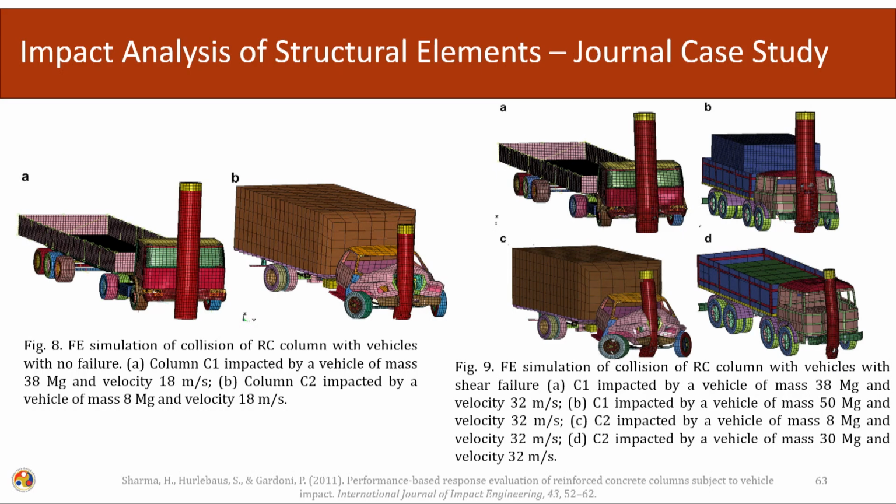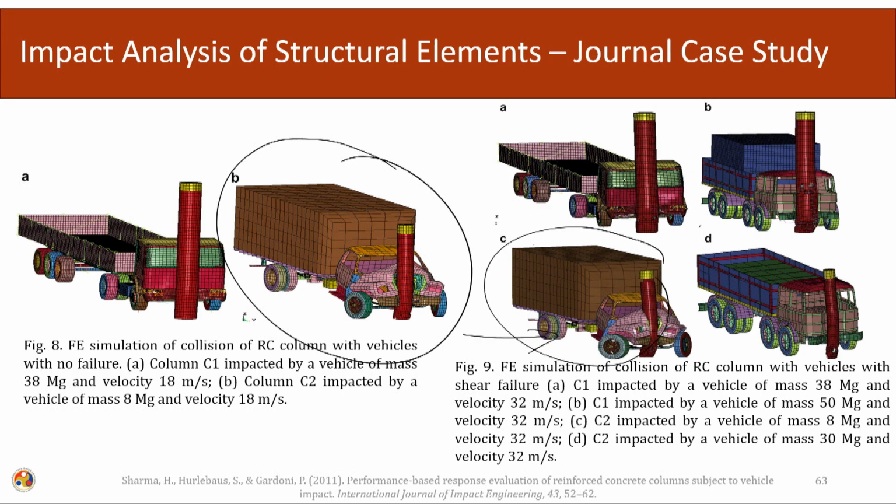These are some of the impact cases that we can see out here. The system is being impacted by vehicles. These were the different vehicles that we took. 8 ton vehicle, 38 ton vehicle, and big vehicles, 30 and 50 tons.